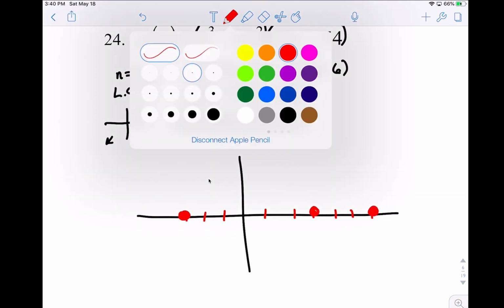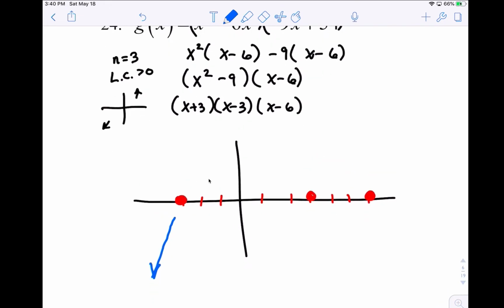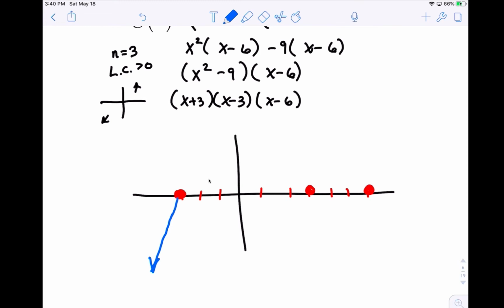Okay, so it looks like my multiplicities for all these are 1, so I'm just going to pass through each of them. All right, so that's your graph for that one.